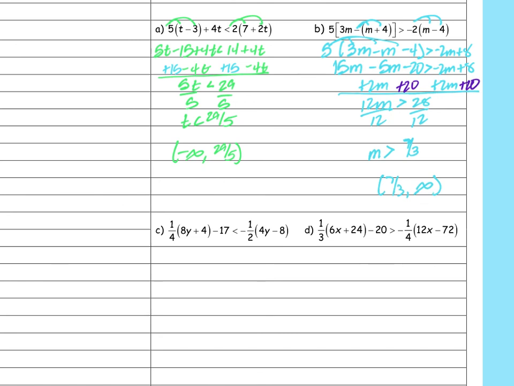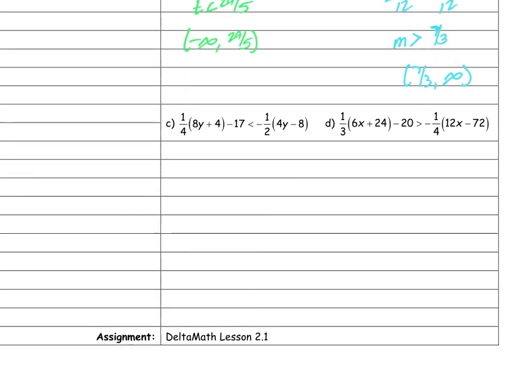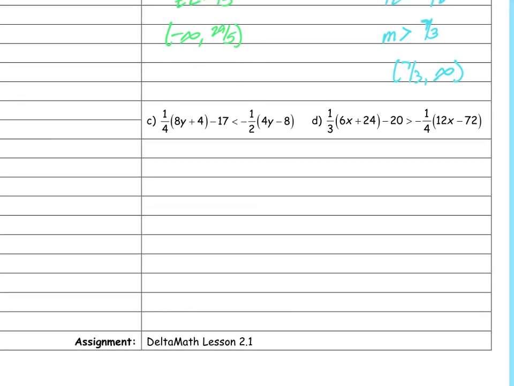Okay. So now on to the fractions. Luckily these fractions go into the numbers, which makes it nice. So when I distribute it, it's an easier problem. So 1/4 of 8 is 2y. And 1/4 of 4 is 1 minus 17.